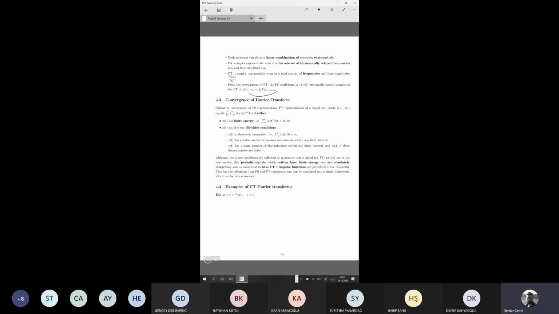So in the Fourier series representation, the Fourier series coefficients a_k and the Fourier transform X of omega are actually closely related. Well, what about the convergence?